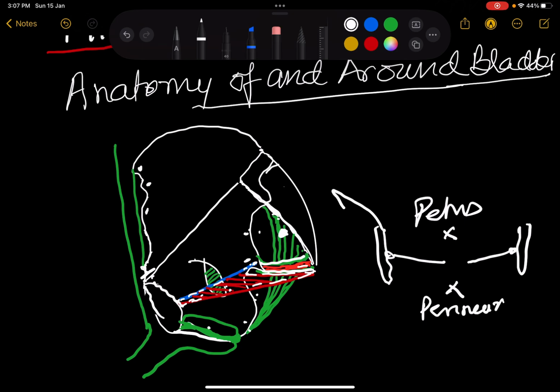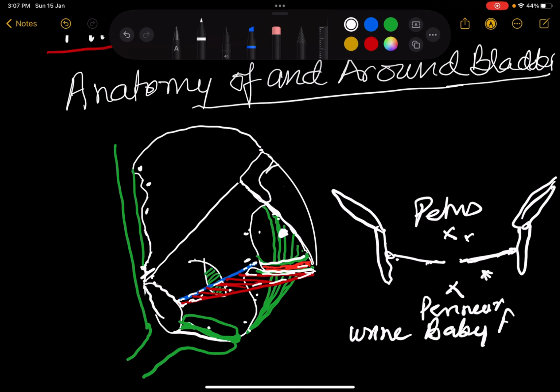So this is the pelvis, which is a basin shaped cavity, and I have told you how the levator ani divides it into a pelvic portion and a perineal portion. So the levator ani is also called the pelvic diaphragm, and it gives passage to the urine, to the baby, and to the feces.